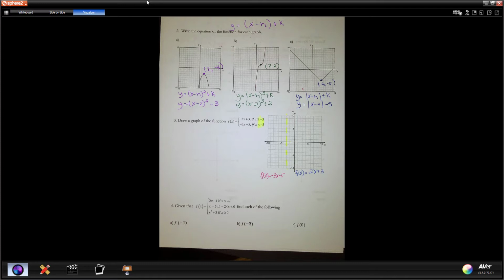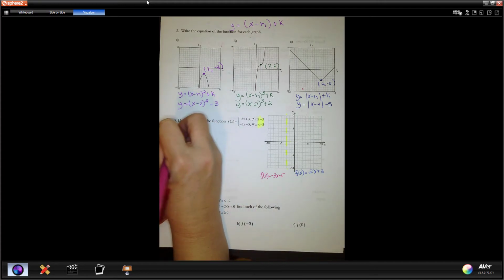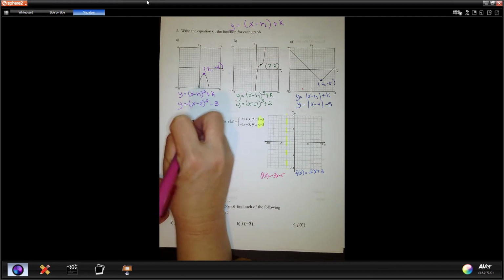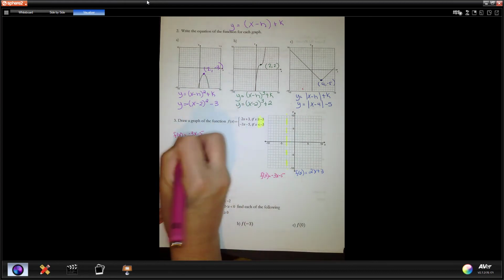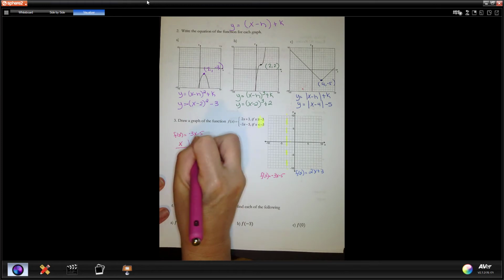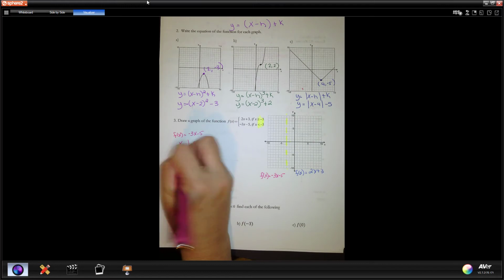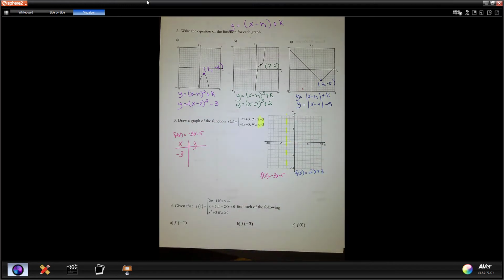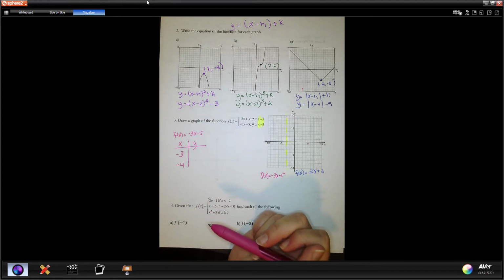So now we just made a little table. I'm going to go ahead and graph this part first. So f of x equals -3x minus 5. Make a little table of values. We're going to pick -3, and then I want a number less than -3. I'm going to just choose -4 and then plug them in.